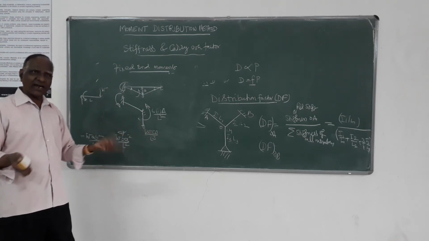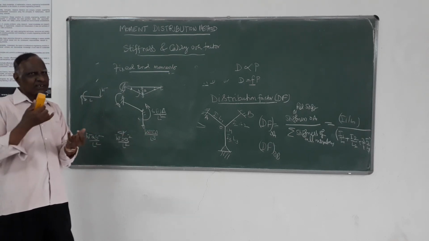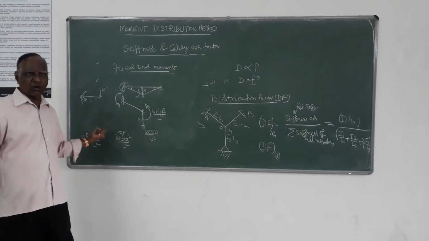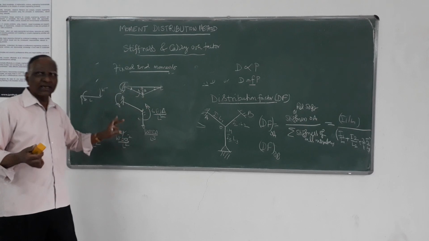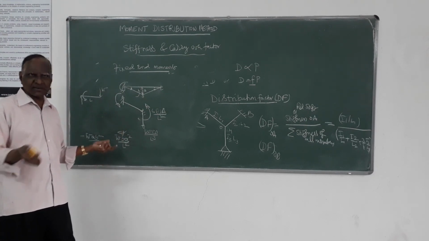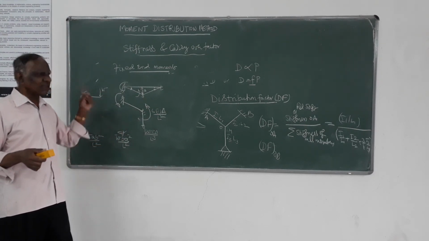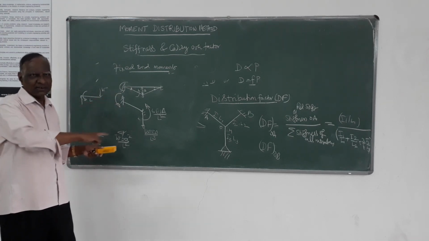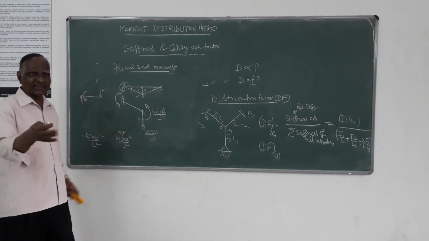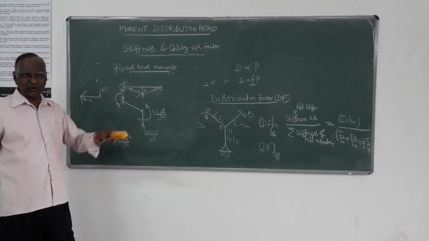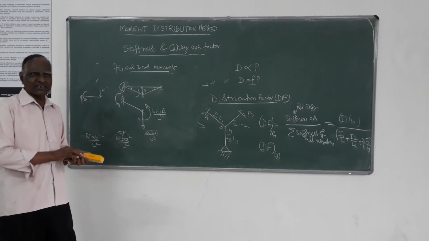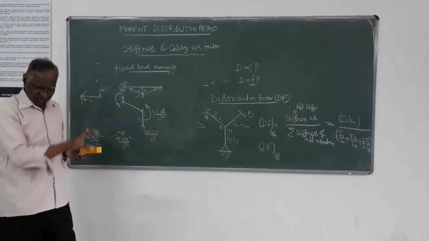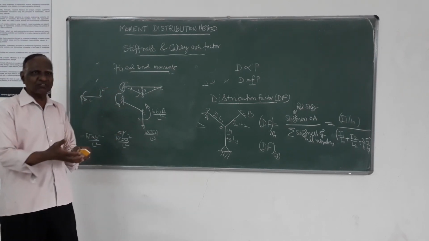And of course, we have to satisfy equations of equilibrium and boundary conditions. What are the boundary conditions at each joint? Along with that equilibrium condition, the sum of the moments has to be zero, that also is to be satisfied. We do that in the form of a table in the moment distribution method, rather than using longhand computation as we did in slope deflection: writing the slope deflection equation, applying equilibrium conditions, formation of equations, solution of equations.